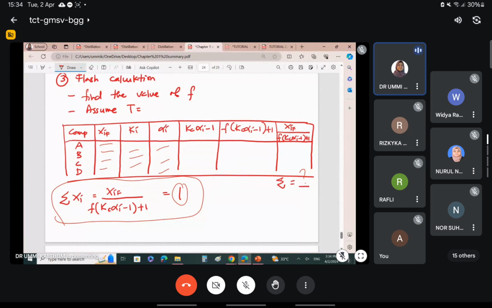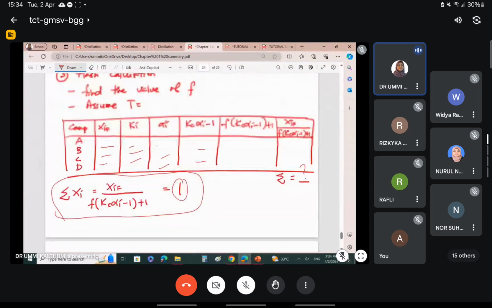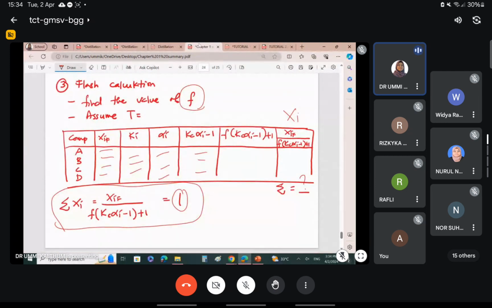And then Kc times (alpha i minus 1). And then f, okay, f is a fraction of vapor, isn't it? So f times Kc (alpha i minus 1) plus 1. Ini baru kita dapat xi. Okay, so itu untuk multicomponent. So tengok tutorial.